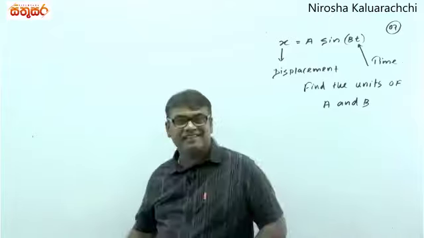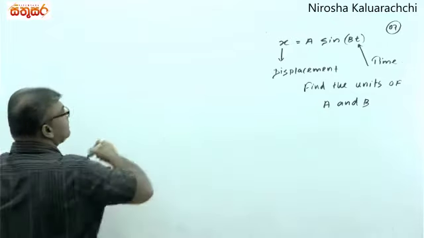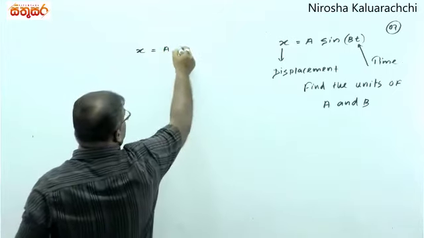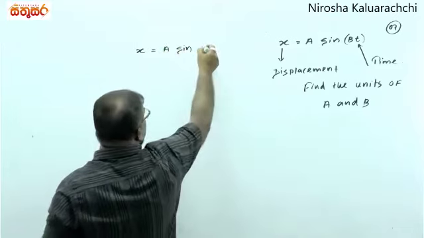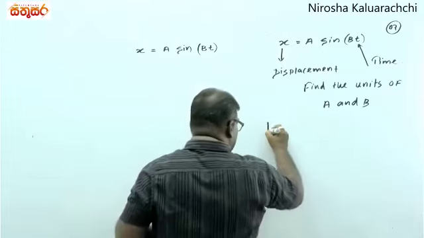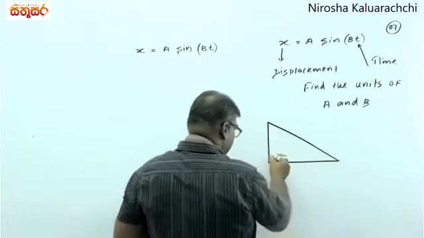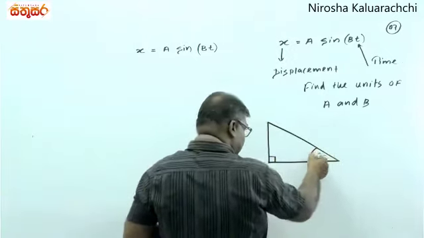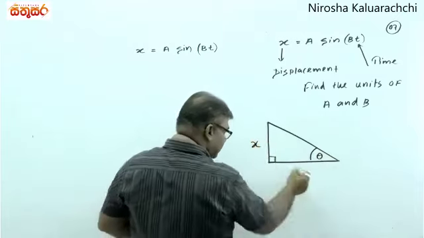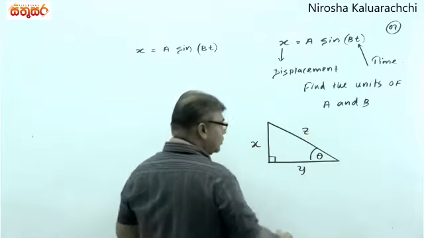Right. Can we see this one for the right? This is a kind of different one, no? Why? You mentioned x equal a sine bt, right? Then let's see the identification. You are given this kind of rectangular triangle. Let this angle theta. Let this base be x, this one y, and this one z. Then you are going to write cos theta.